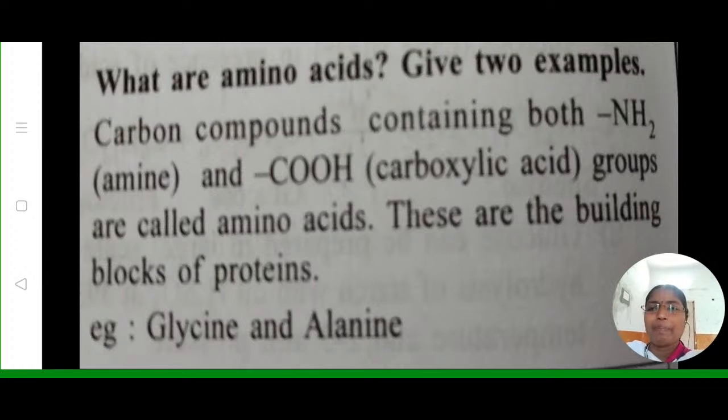These are the building blocks of proteins. Examples: glycine, alanine. Glycine and alanine are the examples of the amino acids.